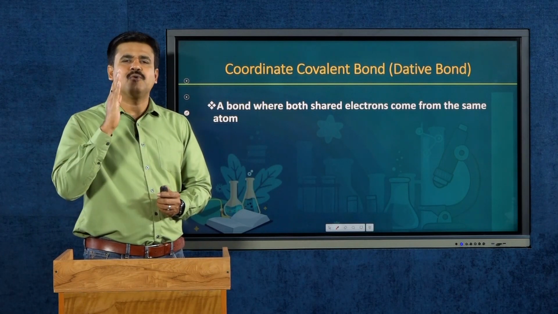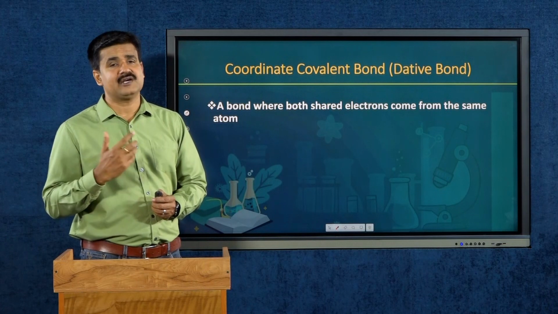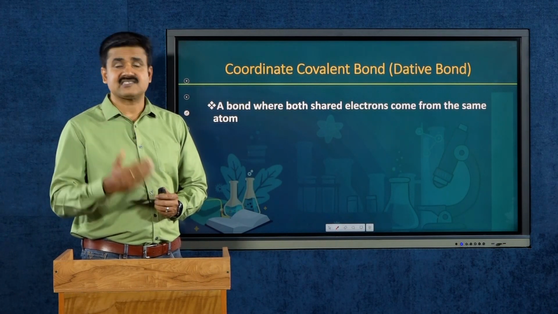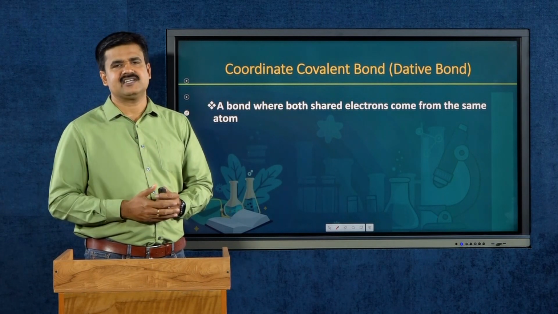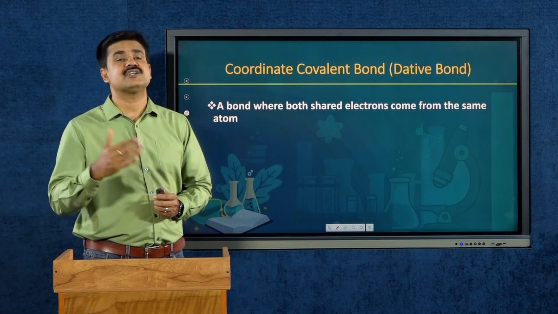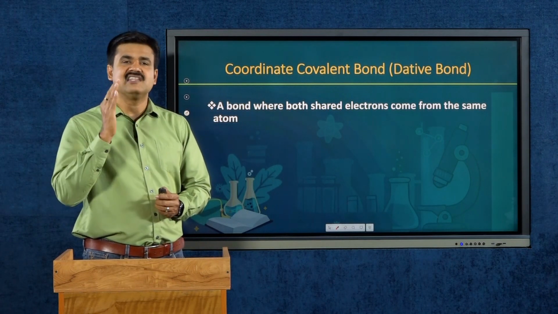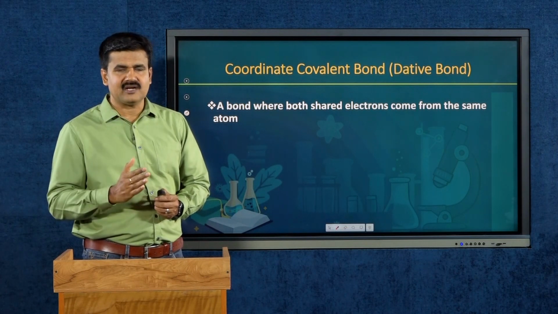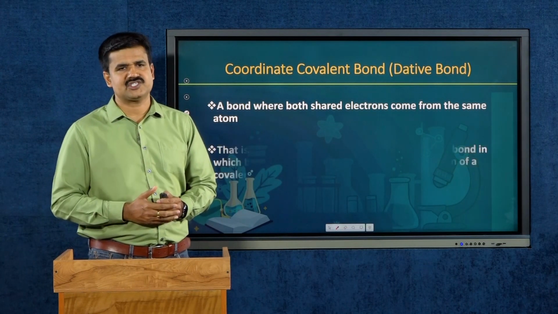Suppose one atom has no electron to share with the other atom. In that circumstance, the second atom will donate both the electrons for the formation of the covalent bond. In that circumstance, the covalent bond formed is called a coordinate covalent bond.